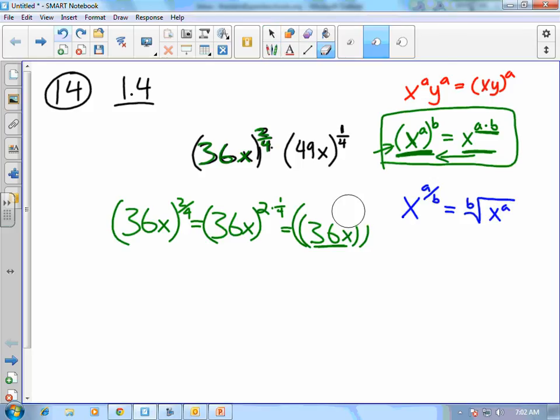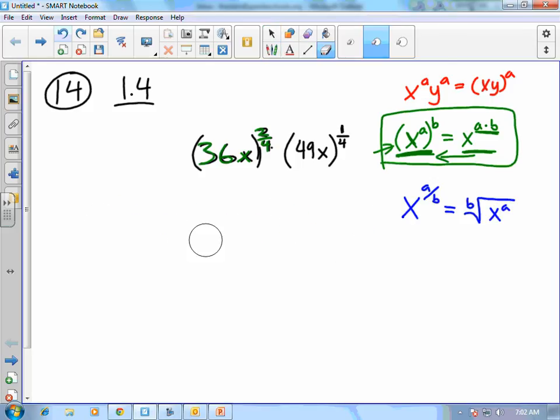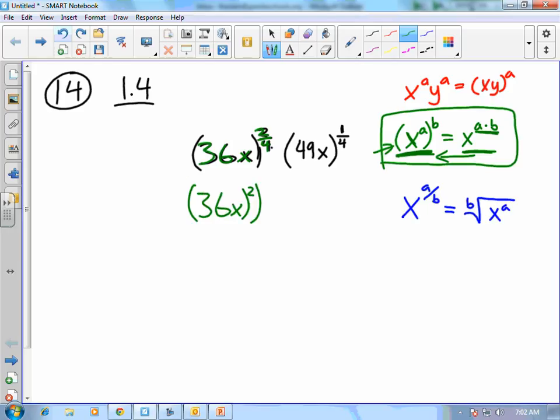So what we've done is change this 36x to the 2/4 into 36x squared to the 1/4. Maybe to help you see it better, we'll write the inside here in a different color. Now the inside is all that there. And we're multiplying that by 49x to the 1/2. Sorry, 1/4.